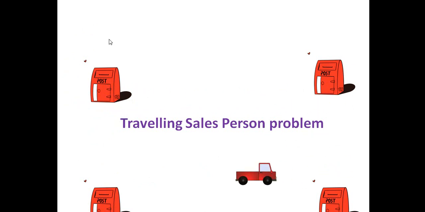So this one is a post office, and these are different places, or postal boxes. We'll study how this problem will work and how we will calculate it.